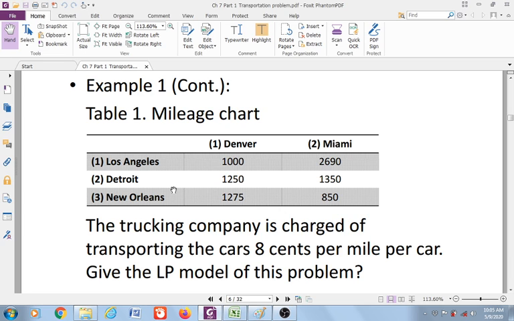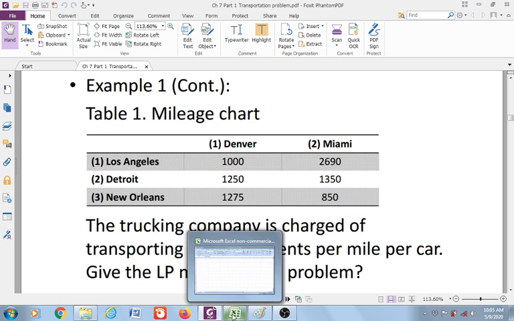We need to make the cost data in cents or in US dollars per car, because our decision variable is in cars. In order to make the cost in US dollars per car, we need to multiply the cost in cents per mile per car with the distance in miles. So that is what we are going to do now.